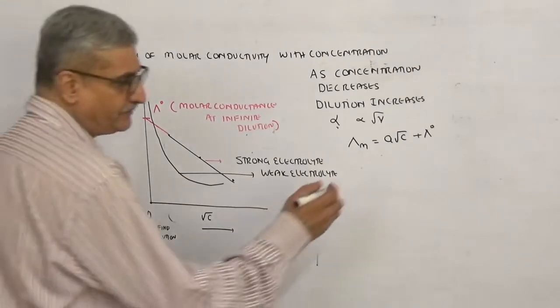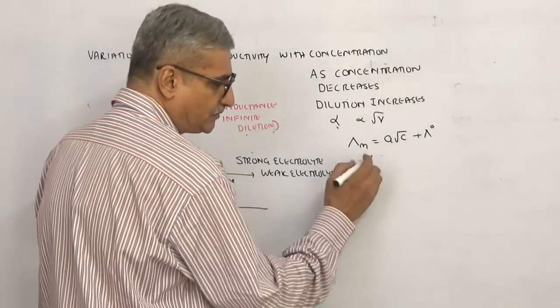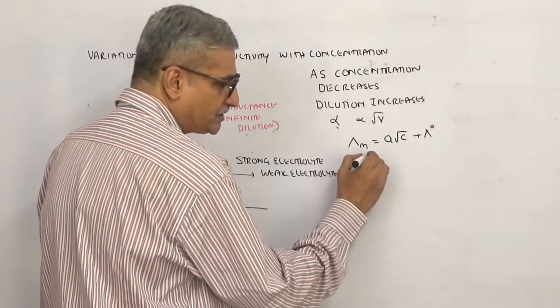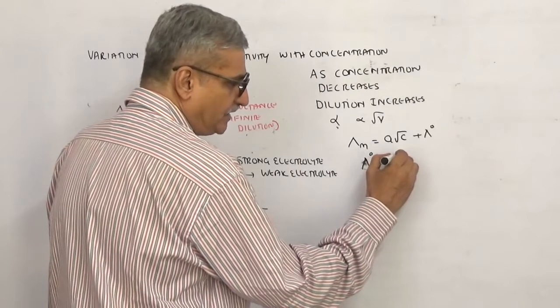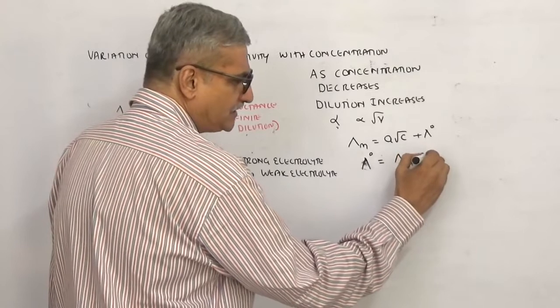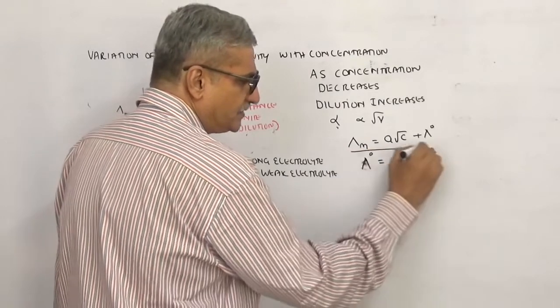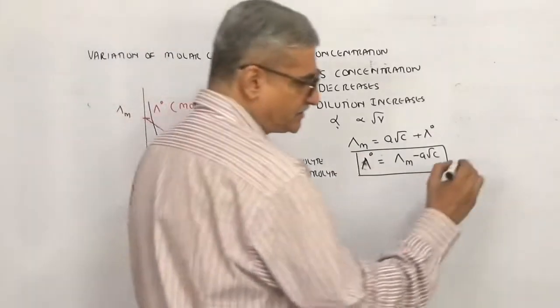So what can I have? I have therefore an equation. If I keep this and take this over here, I get an equation. Molar conductance at infinite dilution will be molar conductance minus a root c. So this is called the Kohlrausch-Gibbs equation.